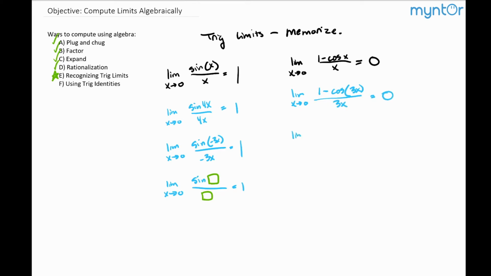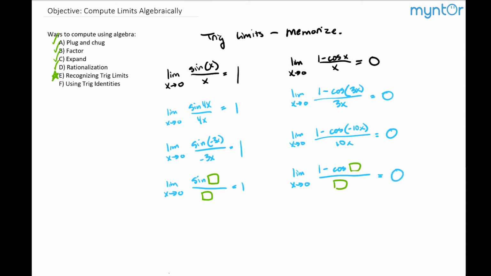If I have the limit as x approaches 0 of 1 minus cosine of negative 10x divided by negative 10x, this is also going to be equal to 0. And so you might be seeing a pattern here. If we take the limit as x approaches 0 of 1 minus cosine of something in a box, divided by that same thing in the box, we get that this is equal to 0.